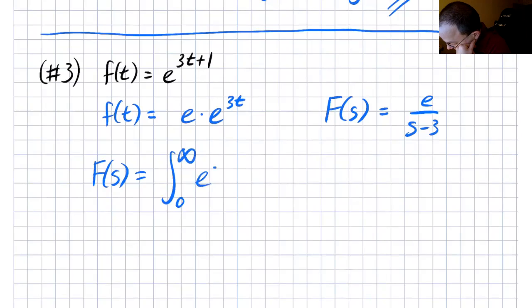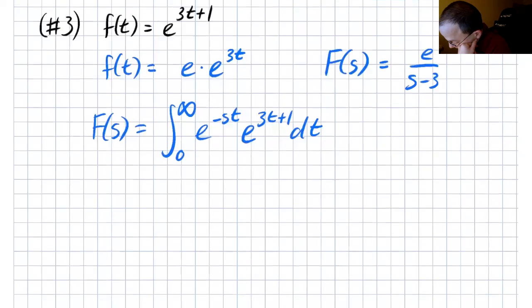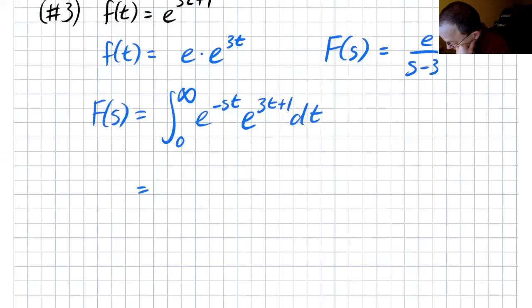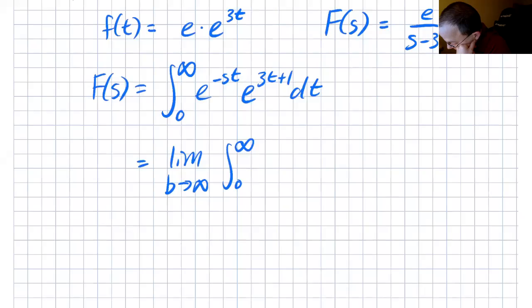It's e to the negative st times f of t, which is e to the 3t plus 1. So we have e to the 3 minus s t, and then times e.